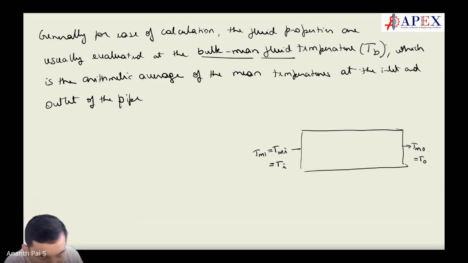So instead of taking the whole thing, you take the inlet and the outlet of the pipe, right? So that is TB, the bulk mean temperature.